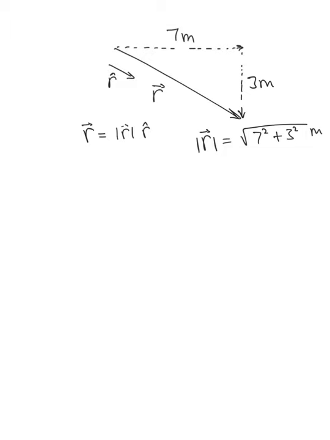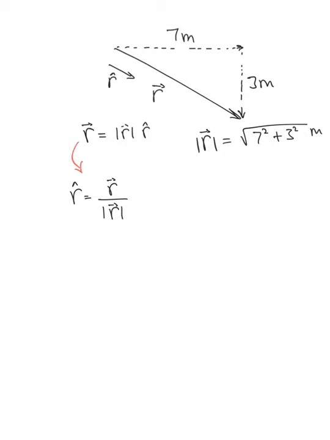Okay, so if we want to find r hat, let's try solving this equation here for r hat. It gives us r hat equals r vector divided by the magnitude of r vector.